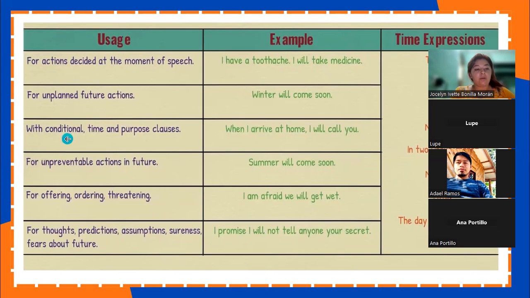And it says another one with conditional time and purpose clauses. So when I arrive home, I will call you. This is a zero conditional. Eso se le llama zero conditional in English. Y necesitamos dos actions. Aquí dice, cuando yo llegue a casa, yo te voy a llamar.